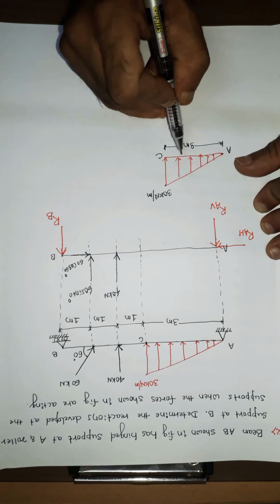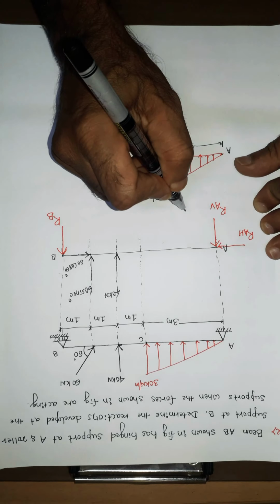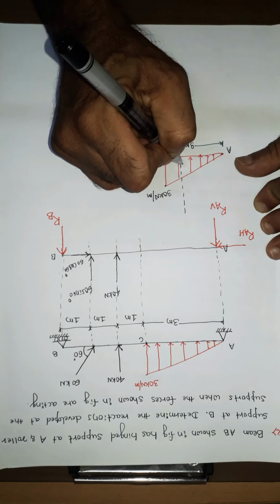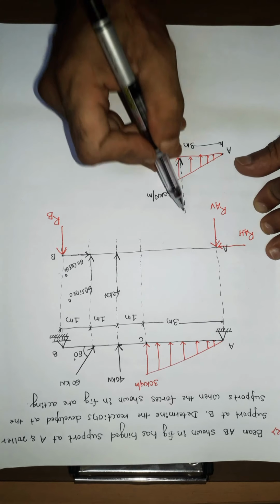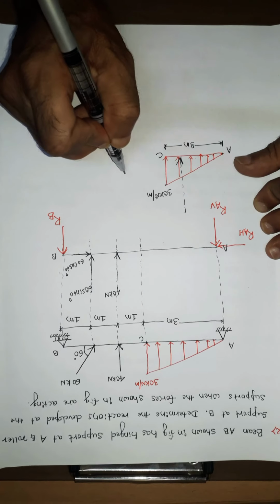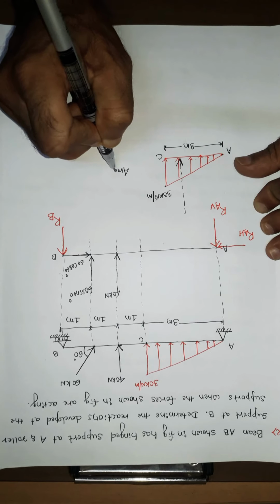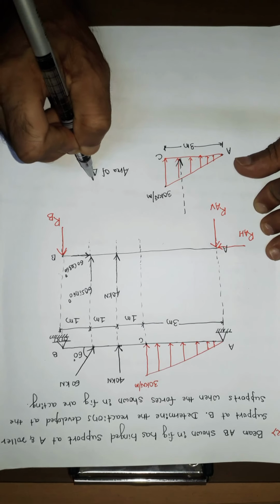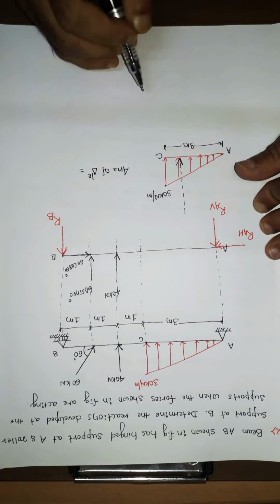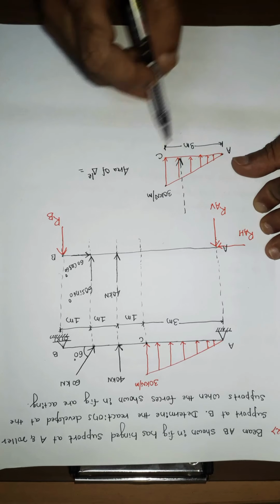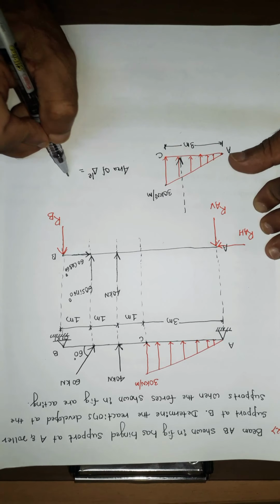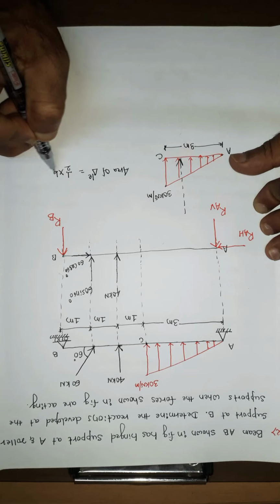Now how to convert this triangular load into point load? This is important here. You calculate the area of the triangle. The area of the triangle itself is the point load. The area of a triangle is half base into height.